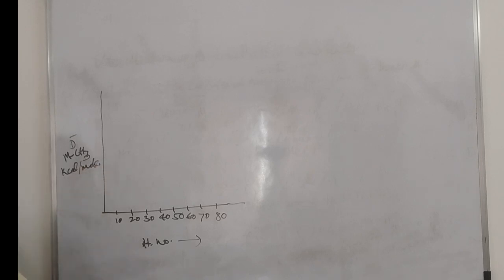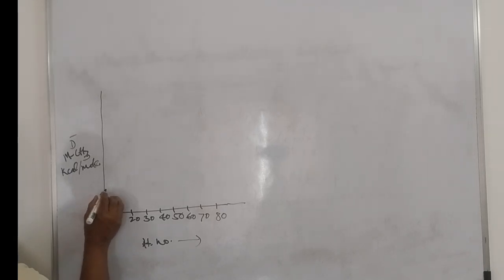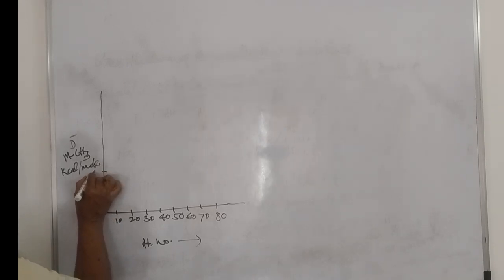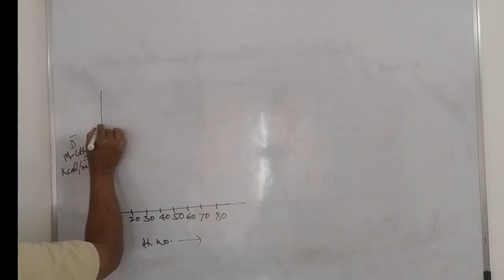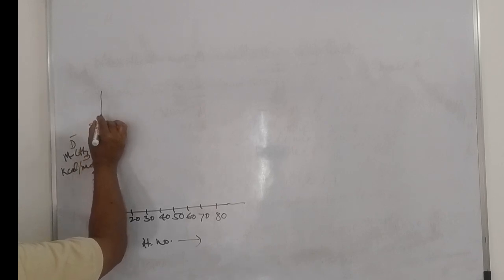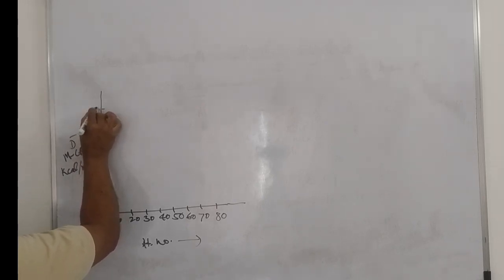This scale is also divided into equal parts: 10, 20, 30, 40, 50, 60, 70, 80 and 90.